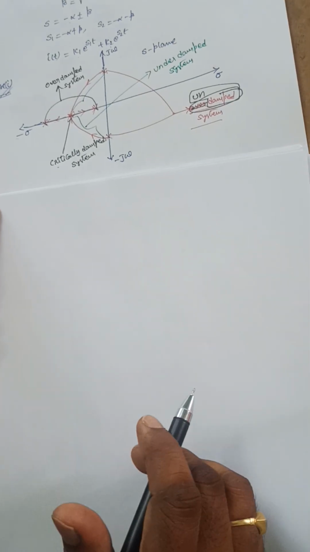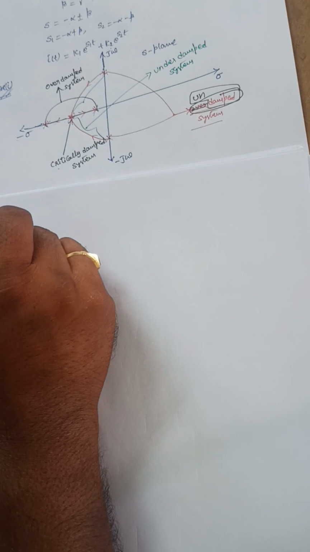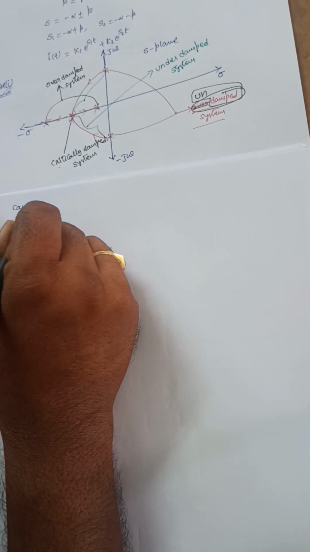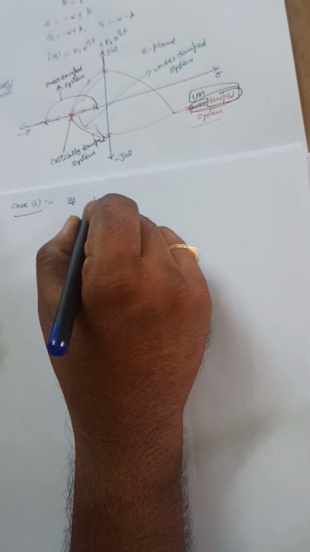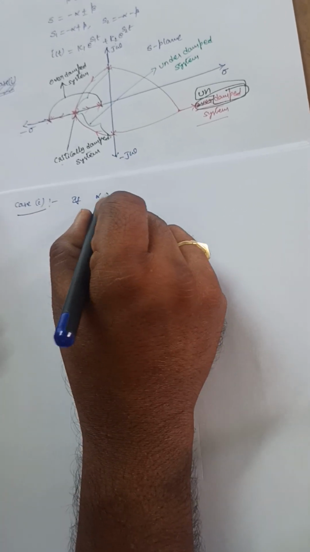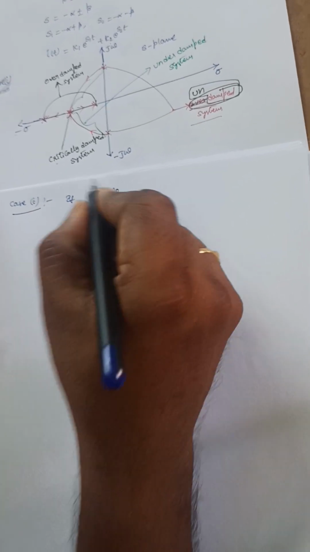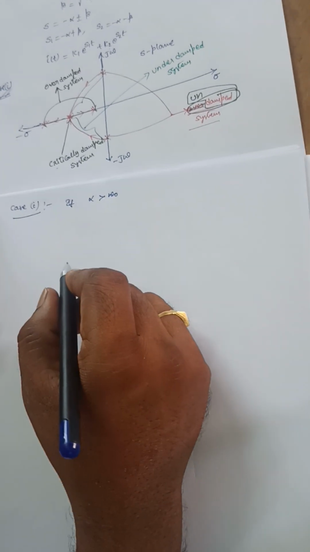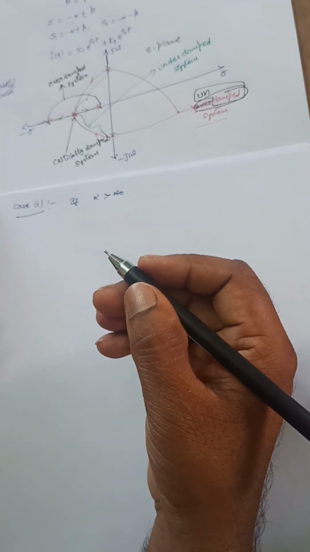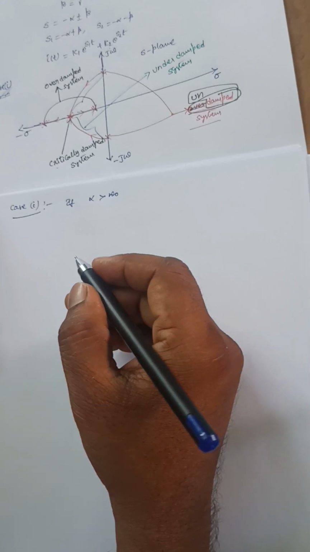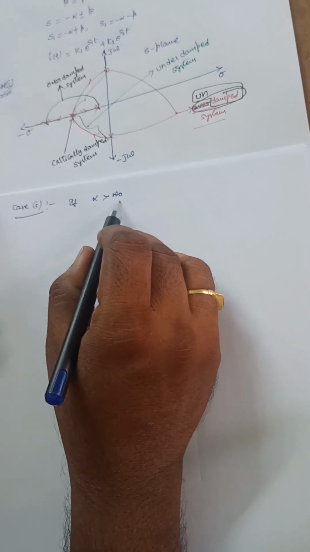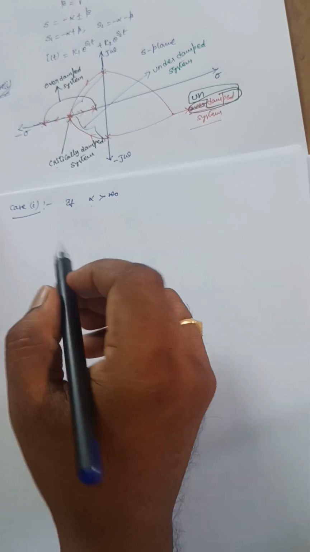Now let us consider these three cases here. Case number 1: if alpha is greater than omega naught, what will happen? Whether it is an underdamped system, undamped system, critically damped system, or overdamped system, depending upon the values of alpha and omega naught, we can decide.